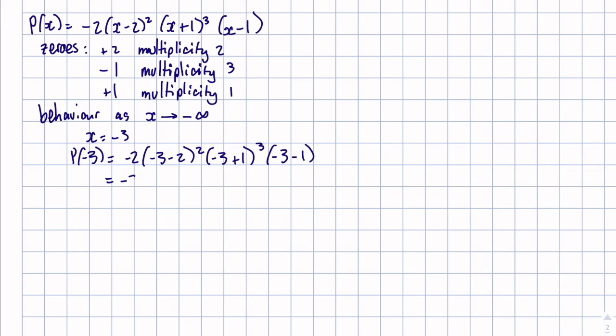So we've got negative 2 times, negative 3 take 2 is 5 squared, positive 25, times negative 3 plus 1, negative 2 cubed, negative 8, times negative 3 take 1, negative 4. So that's going to give us a negative.